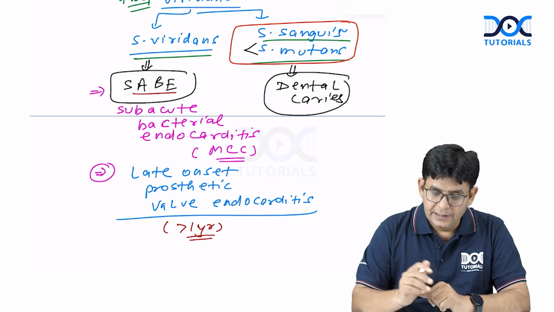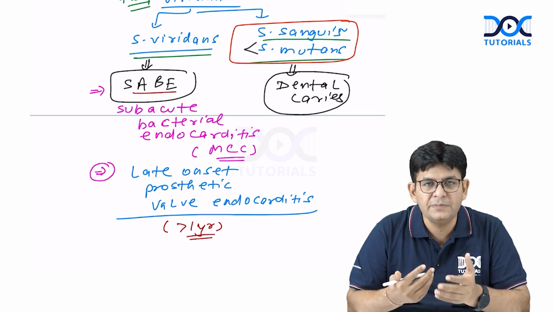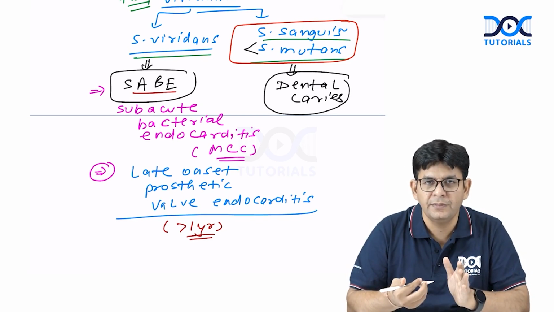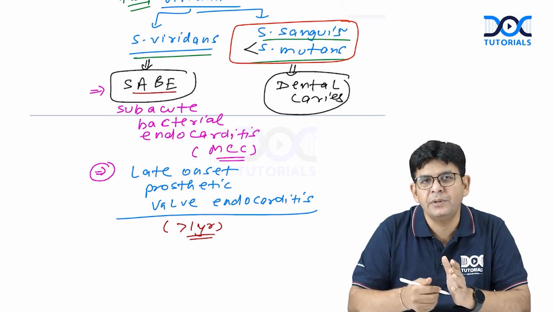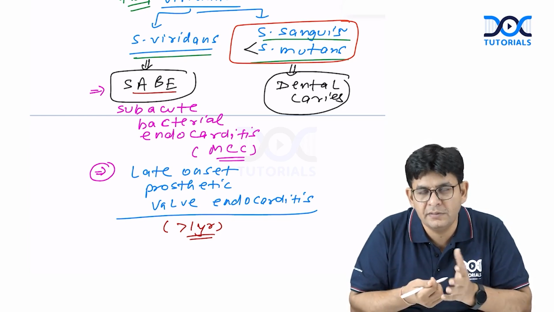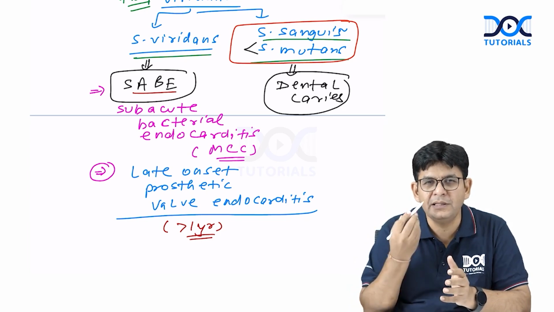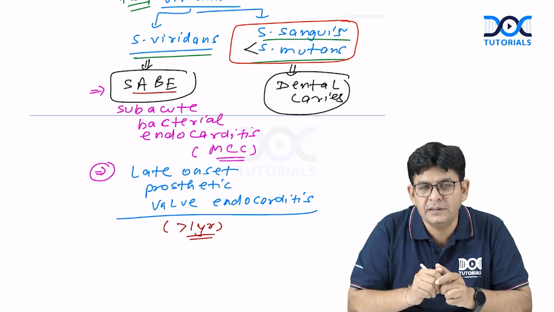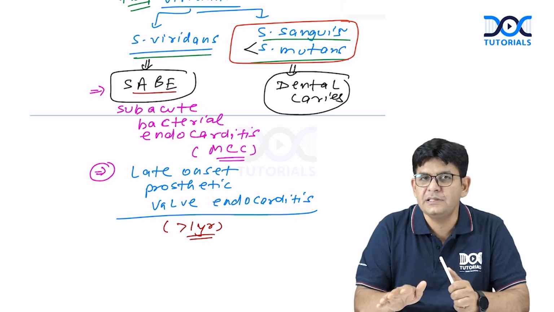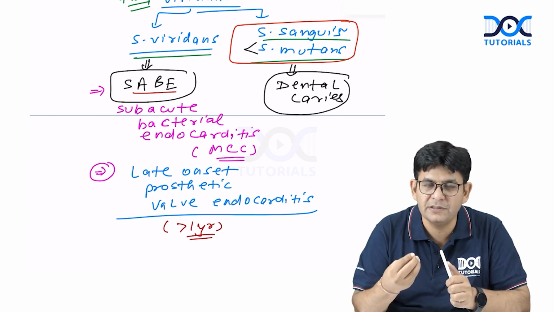Now here, the case scenario which can come in your exam is that after this dental caries stuff, somebody has gone to the dental surgeon for an RCT, root canal treatment, and dislodgement happens in the RCT. If at all somebody has gone through this RCT, they must know that they put things in and try to dislodge. So after this dental surgery, a person developed spikes of fever.